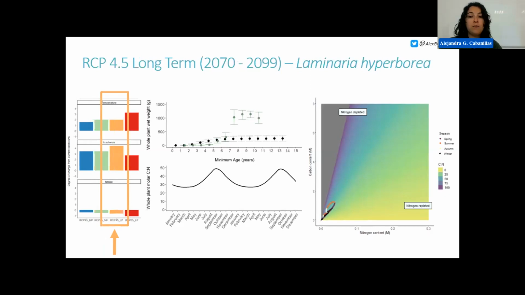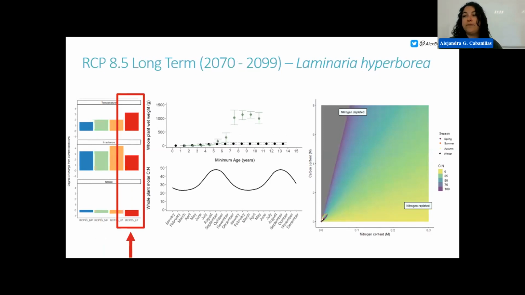So for long-term moderate emission scenarios, we can see the pattern is being repeated. We can see that there are less than ideal conditions, the increase in temperature, and we see smaller plants that are really not doing well, but they are still maintaining the integrity of the structure of their components.